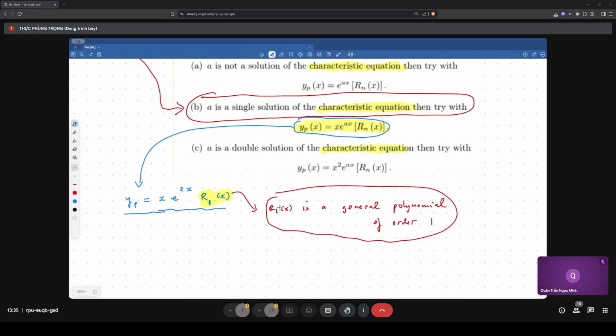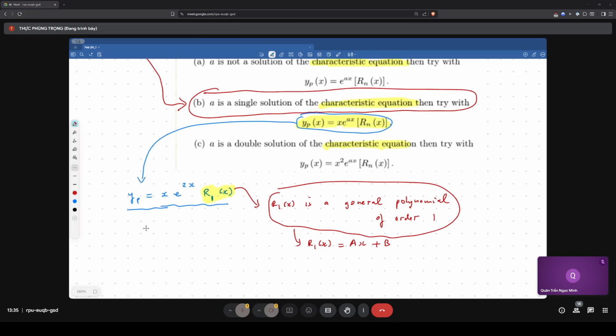When you have an arbitrary polynomial of order 1, you should write it in the form as plus b for some constants, a and b. All right, so far we follow the formula and we find the form for a particular solution.